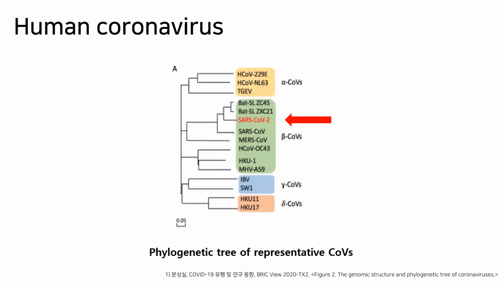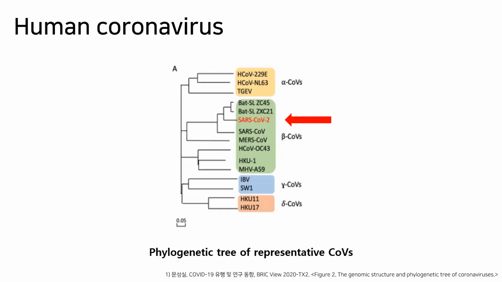We all may know that the bat is quite related to COVID-19's release to humans, and this is the genetic tree of representative coronaviruses. You can see the bat SL coronavirus is very related to SARS-CoV-2 or COVID-19, and you can also see SARS and MERS.